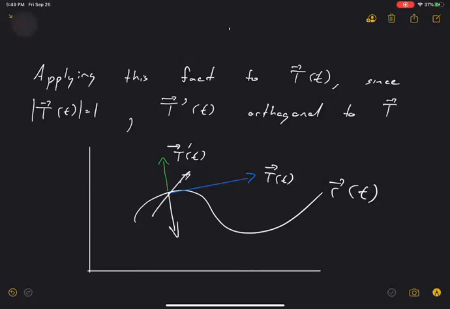We can't really say it's orthogonal to this curve, because orthogonal is only defined for straight lines, and this r of t is not a straight line. So we can't say this green thing is orthogonal to it. But it's as close as we could get mentally to being at 90 degrees to my curve.